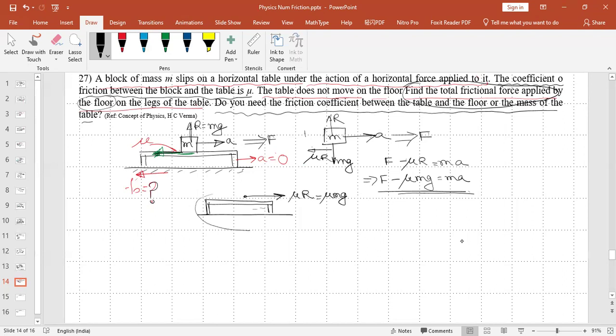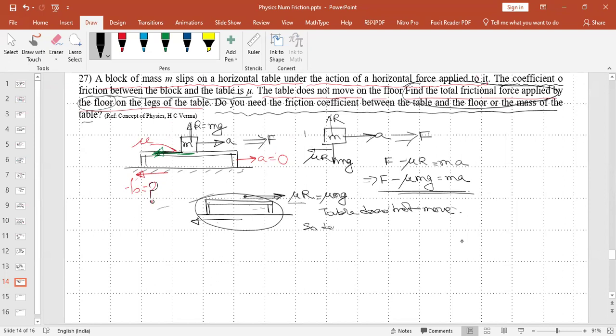Now the table is steady. Table does not move. It is given in the problem. If the table does not move, then definitely the same amount of force like mu R is applied by the floor.